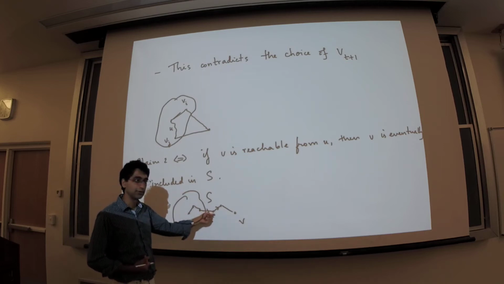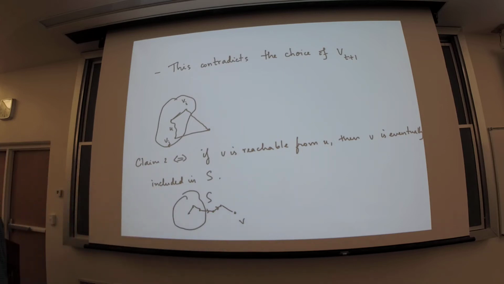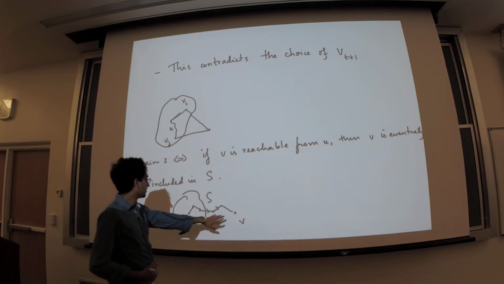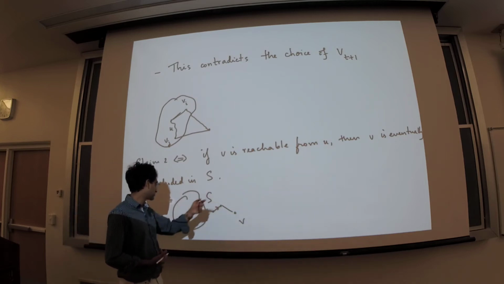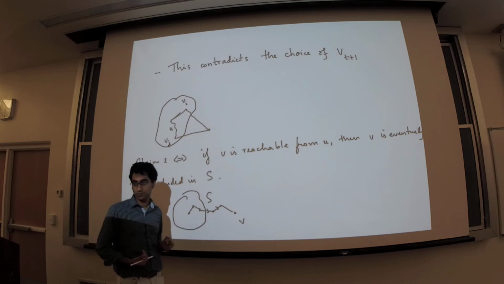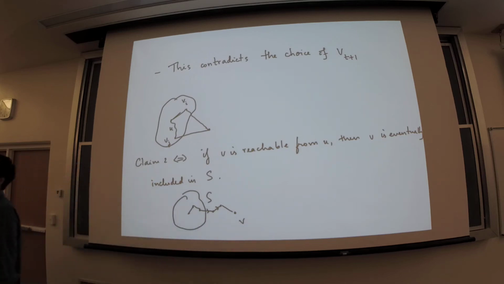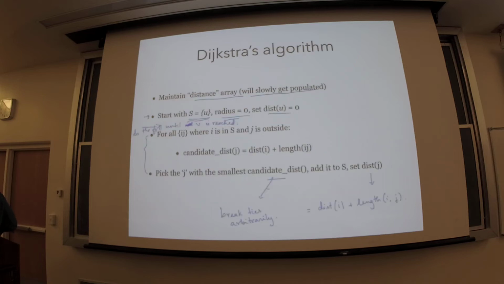It should have grown to include the next vertex. Okay. So that is the contradiction. So if there was a reachable vertex V and S had stopped growing, then you got a contradiction. Because you look at the path from U to V, and it could not be that S stopped growing, because now there is a possibility for S to grow. So this is actually simpler, yeah. So that shows that all the vertices reachable from U will eventually have their distance values.